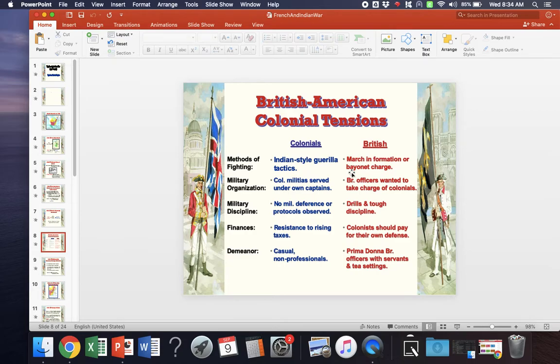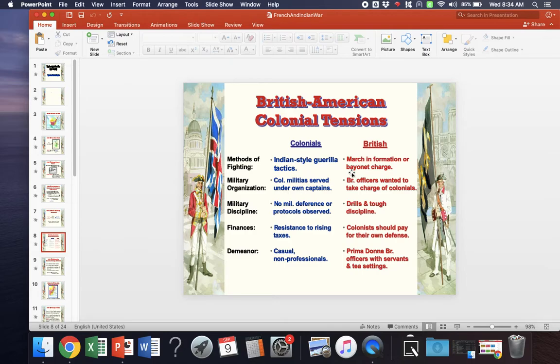So the colonial army is fighting with the British only after William Pitt pleads with them, please help us, and William Pitt, the Prime Minister, says, if you fight with us, we'll pay you back any expenses. So, method of fighting, Indian guerrilla-style tactics, and again, that's what the colonials learned in their fighting with the Indians. And the British are going to march in formation.